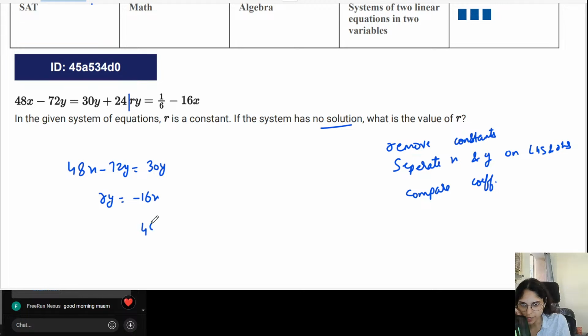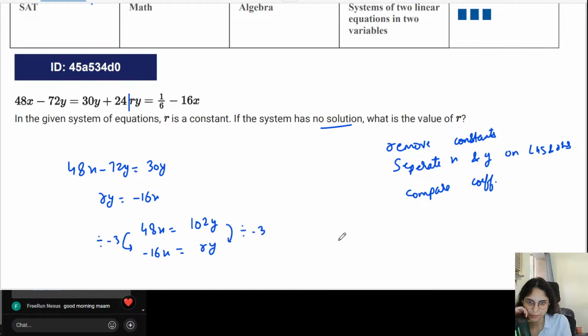So now 48x is equal to, if you bring 72 to the other side, 72 plus 30 is 102y. And then -16x is equal to ry. So -16 times -3 is 48. Basically, you're dividing with -3.